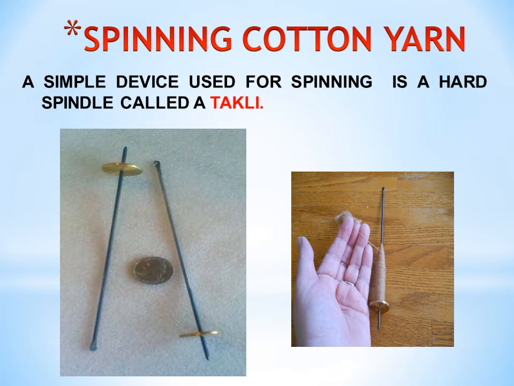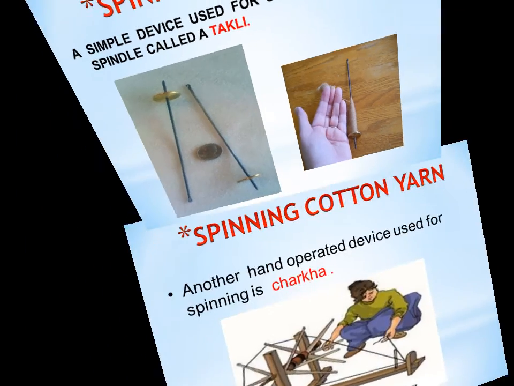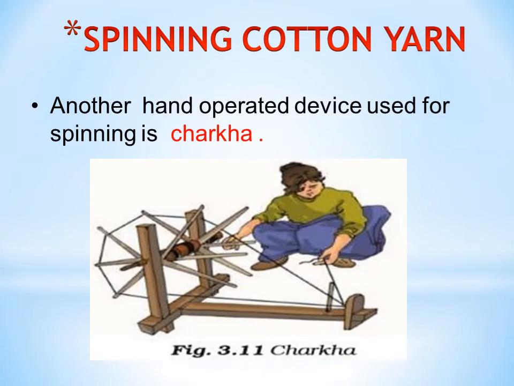In the olden days, spinning of cotton yarn was done using a simple device called a takli. Later, hand-operated devices were used for spinning cotton yarn, which is called a charkha.